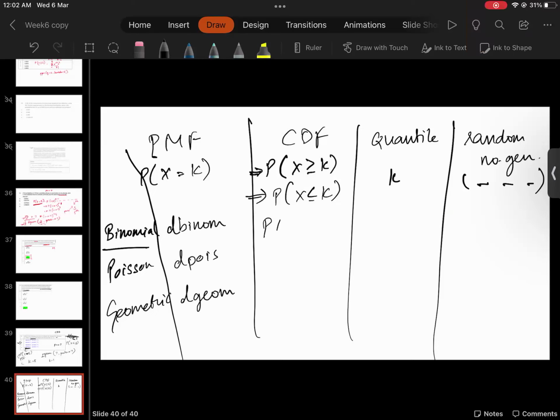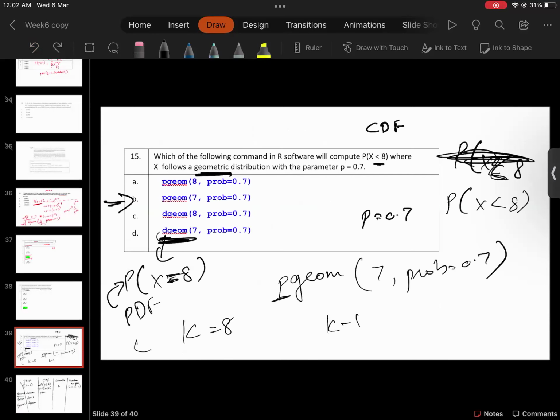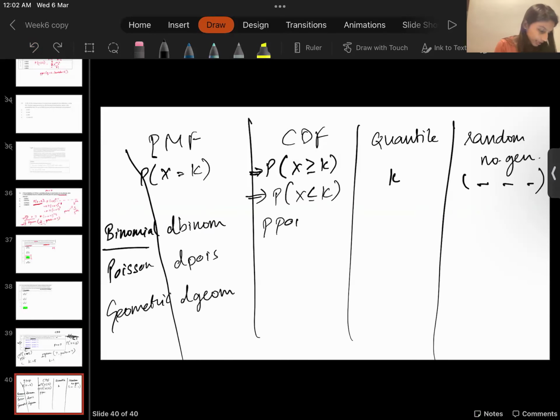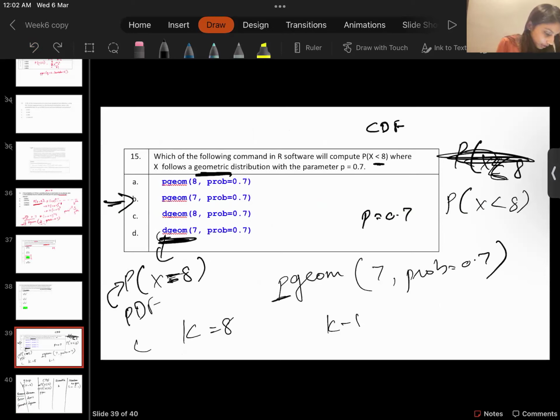Madam, here in the question it is the probability of x less than something like 9, not less than or equal to. In that case we have to use ppois, it is a CDF, no? Yes, that's what you've used here. We used pgeom.